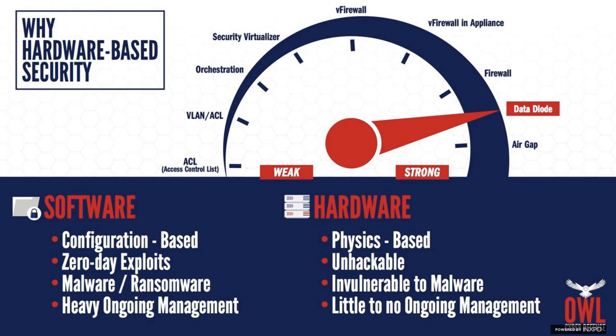A data diode is based on hardware. If you think about other security measures, most of them, all of them, are software-based, so they have some kind of configuration that is restricting flows or trying to restrict access. The basis for a data diode is that it's hardware secured.